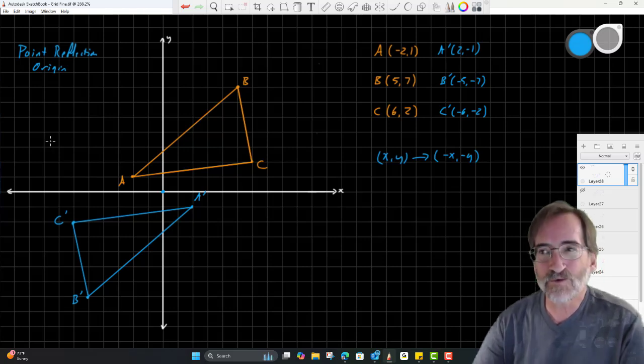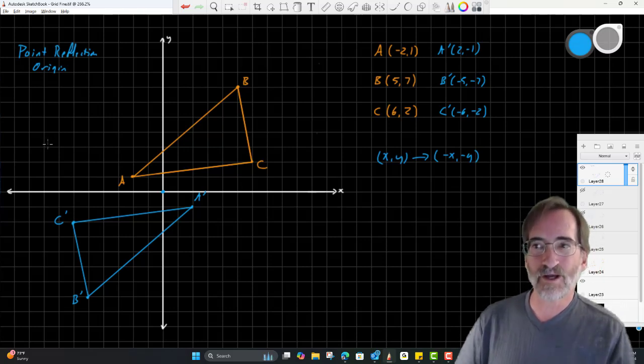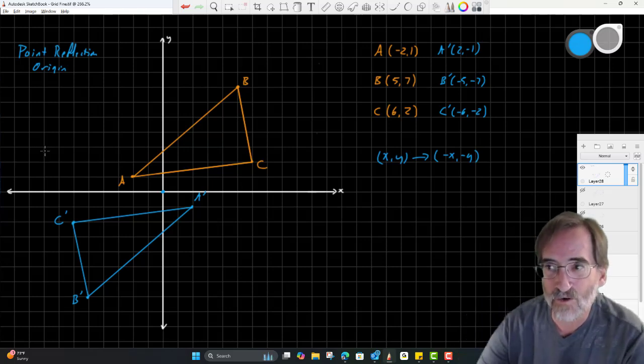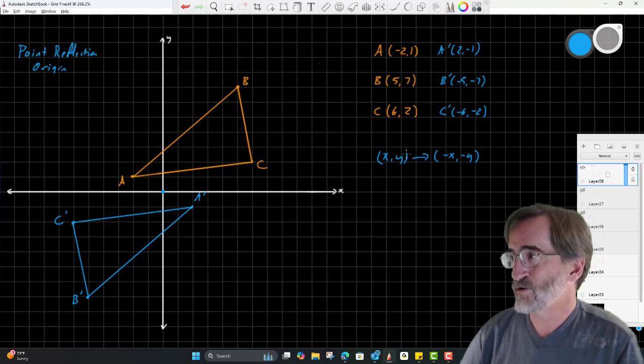Now, we don't have to reflect just across the x-axis, the y-axis, or the line y equals x. We can also reflect across the line y equals -x. We can also reflect across any line. So let me show you that.